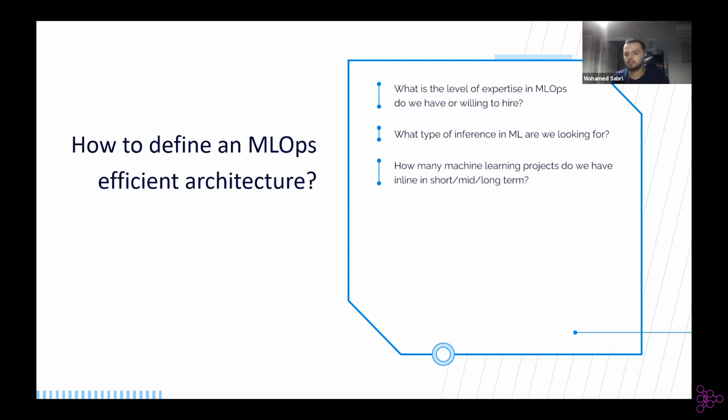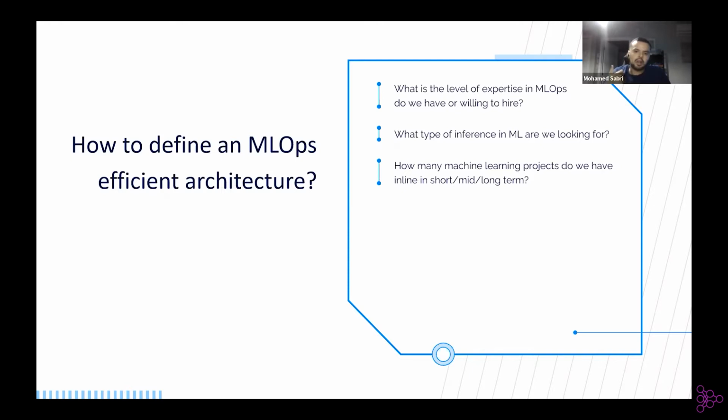How many machine learning projects do we have in line in the short term, mid-term, and long term? This question is interesting because if you are, I don't know, a small company that is looking to deploy one or two models or projects in machine learning, the way you design your environment can be something very simple with nothing sophisticated.